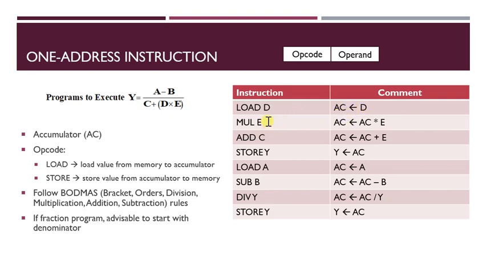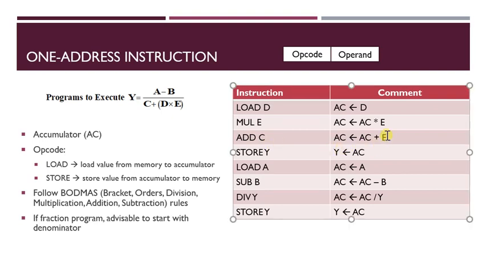And then we do the multiplication with E. So the accumulator is multiplied with E, because the value inside the accumulator itself is multiplied with the value from E. And after that, we do the addition with C.